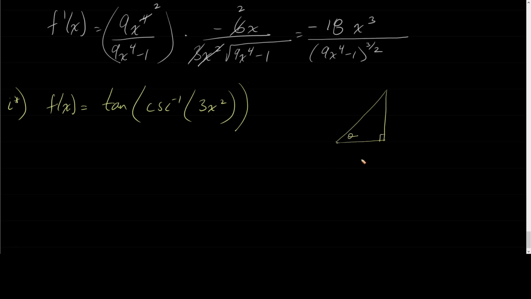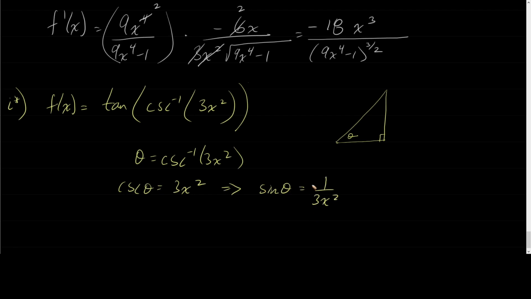So in here, we can just say that if I let theta be equal to cosecant inverse of 3x squared, well, then cosecant theta was just 3x squared, which told us that sine theta was 1 over 3x squared, right? And SOHCAHTOA, opposite over hypotenuse, meaning that the remaining side, we found to be the square root of 9x to the 4th minus 1, right, from the Pythagorean theorem.